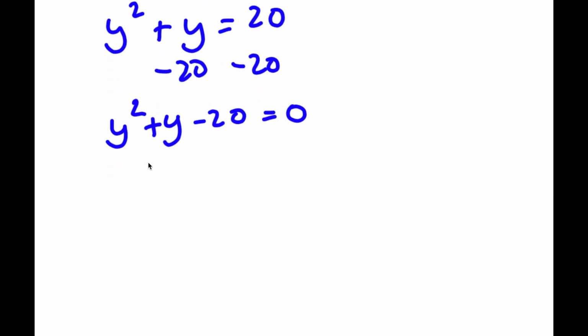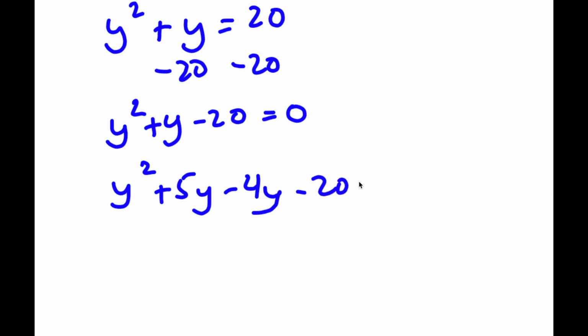Now I'm going to factor this. So y squared, and now I'm going to replace y with 5y minus 4y. So now I have y squared plus 5y minus 4y minus 20 equals 0.